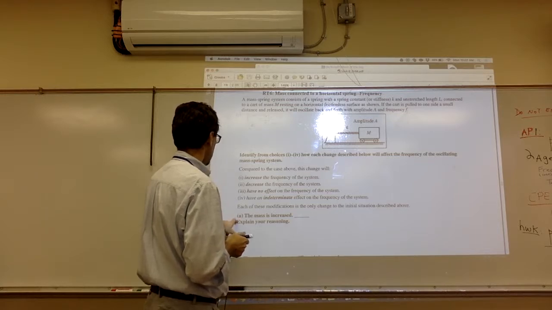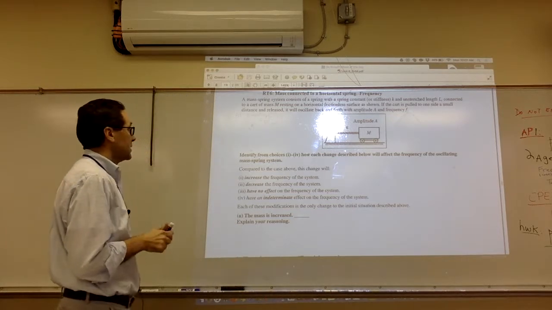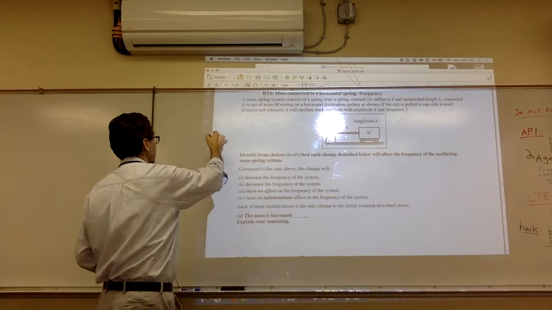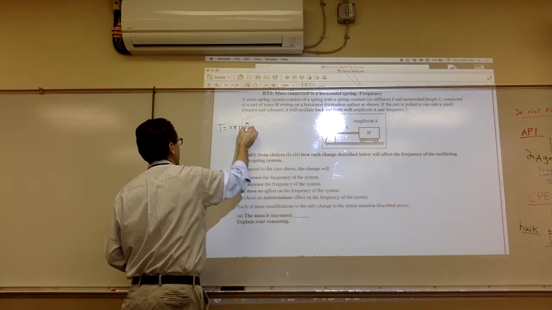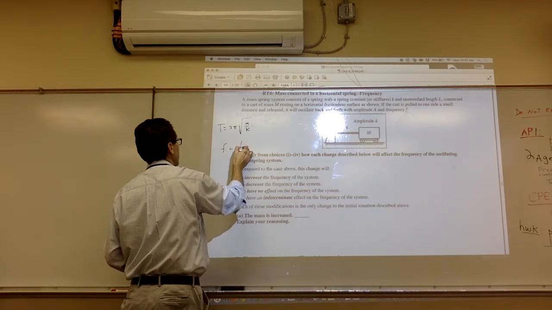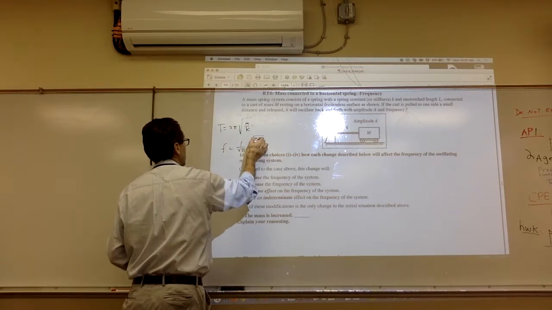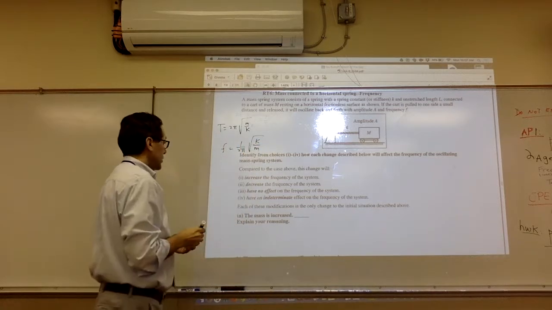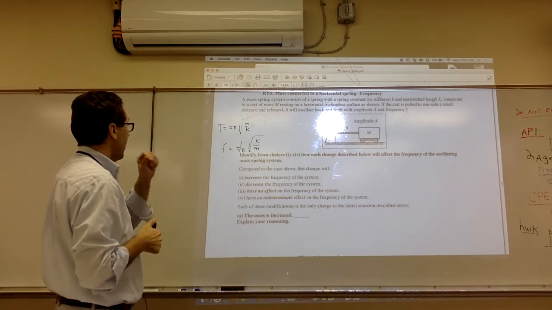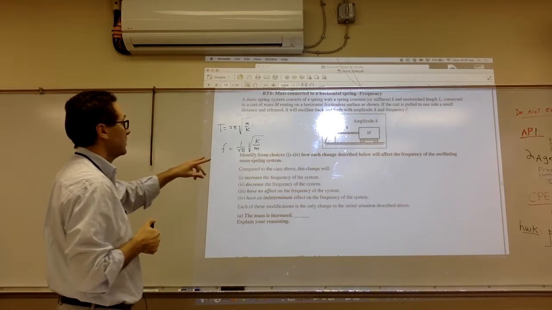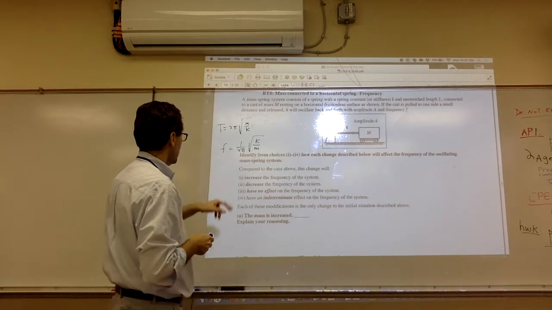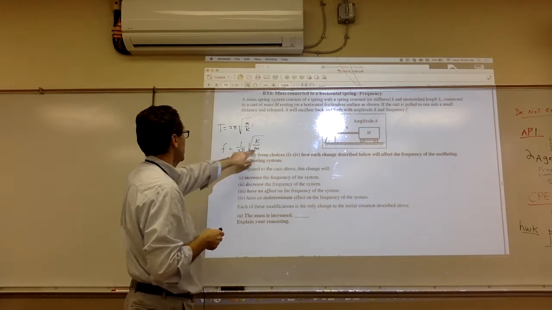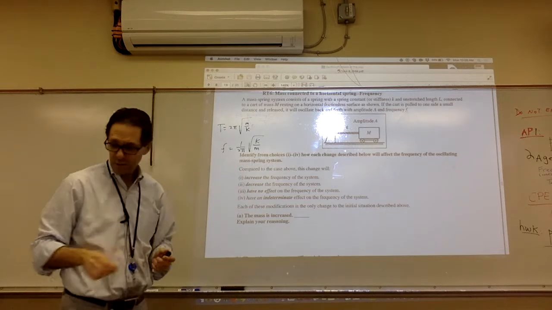Okay, so we're looking at: the mass is increased. So now we have to write the formula. T is 2 pi square root of m over k, and frequency is the flip of that, or the reciprocal. If I increase the mass, the frequency has to drop, because there is an inverse relationship between mass and frequency.